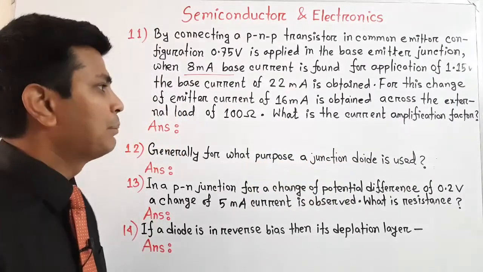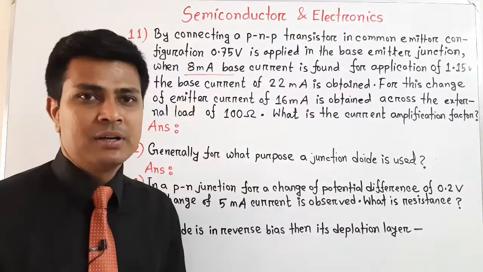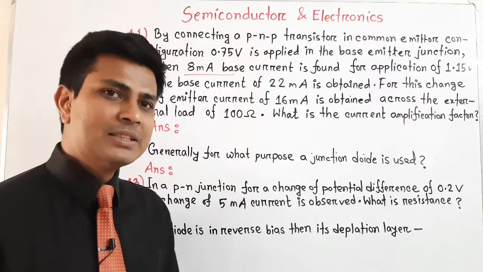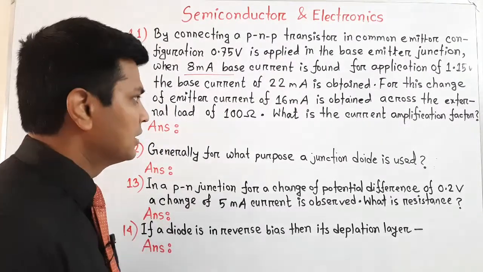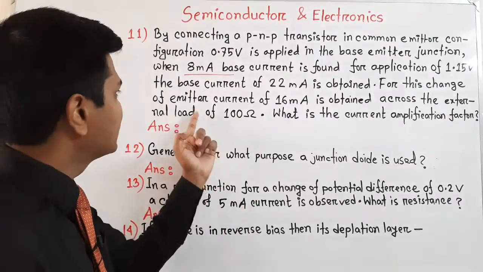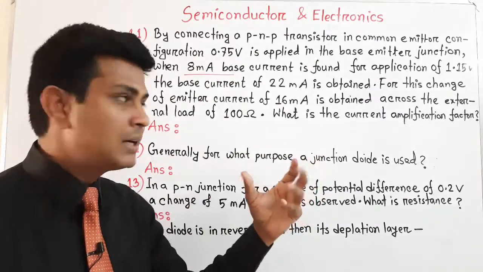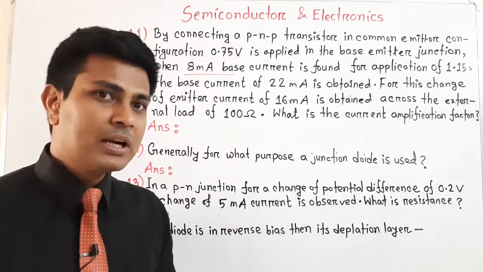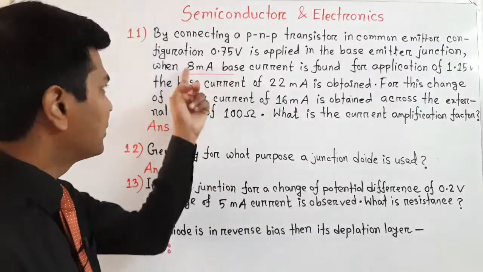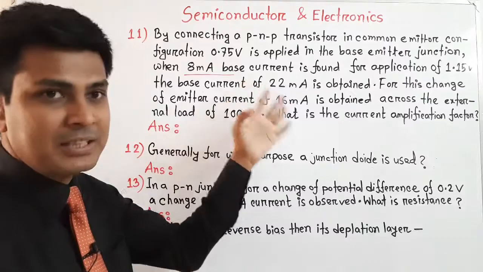You know the current amplification factor is alpha. We have to calculate the value of alpha, and you know the value of alpha is IC divided by IE. Here emitter current is given as 16 milliampere, but collector current is not given. So first of all we have to calculate the collector current, but here you can see there are two base currents, that is, base current is changed.